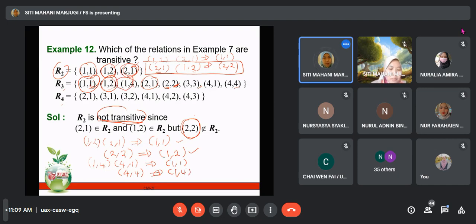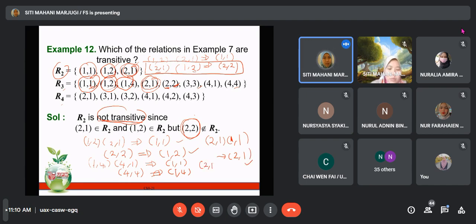Another one is (2, 1). Look at this, (2, 1) and (1, 1) gives (2, 1) again, the same, so this is fine.